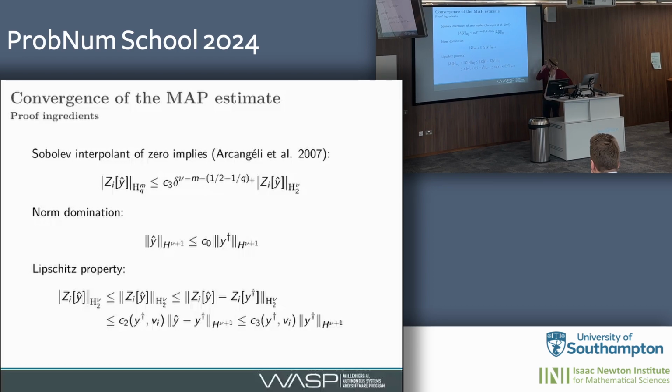And I'm also going to need another thing, which I call norm domination here, which basically means that the Sobolev norm of my estimate, of smoothness nu plus 1, is smaller than or equal to some constant that doesn't depend on the solution, times the Sobolev norm of smoothness nu plus 1 of the actual true solution.